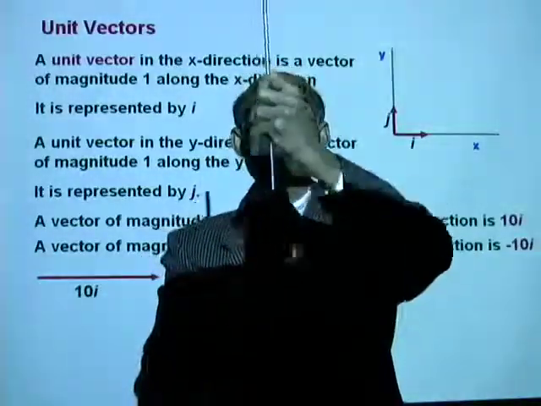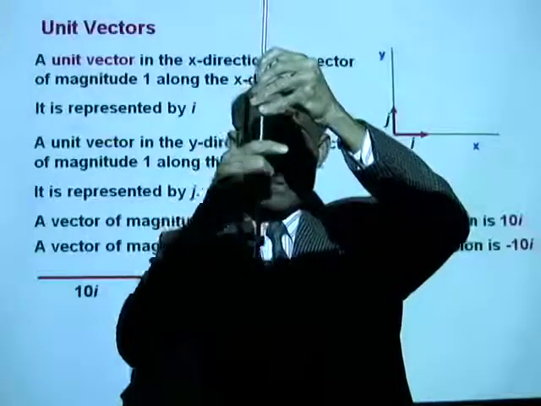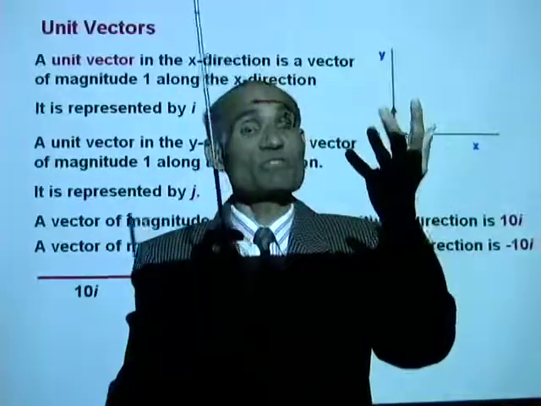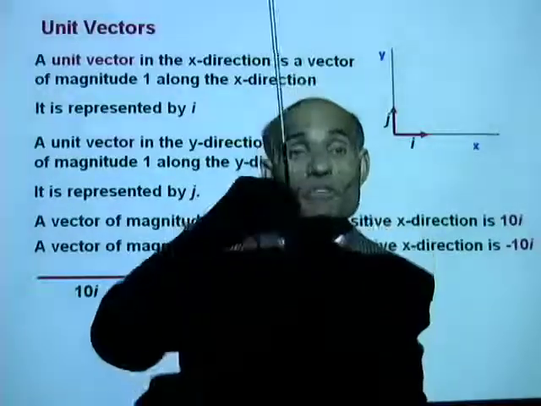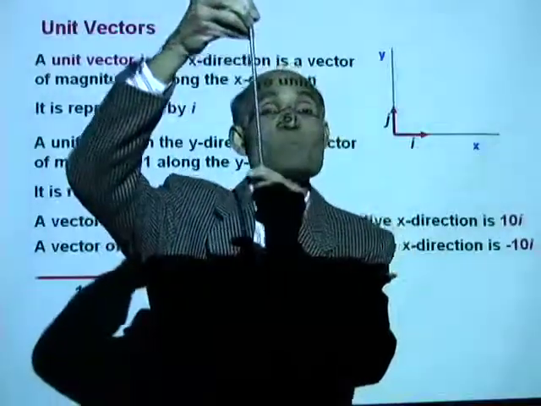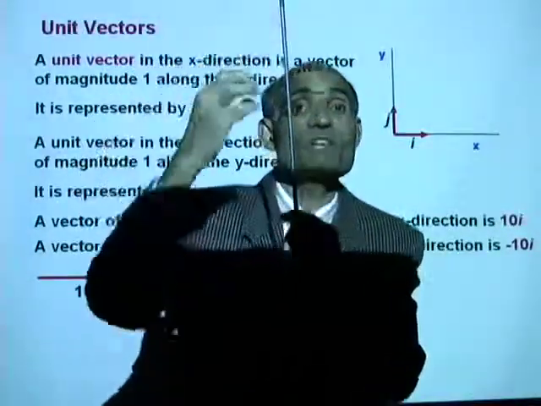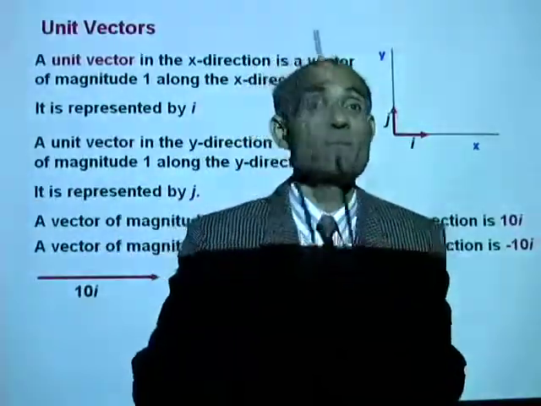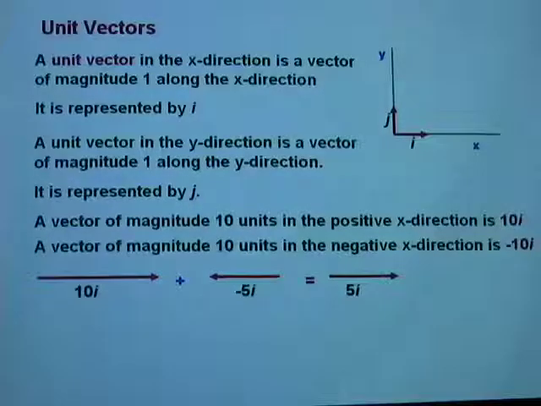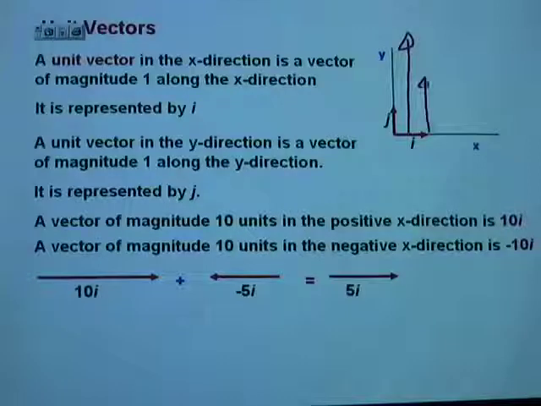Similarly, a positive y vector and a negative y vector can be added easily. Also, two positive y vectors can be added easily. What is 5j plus 2j? Let me see if I can draw that here. 5j is this, 2j is this.